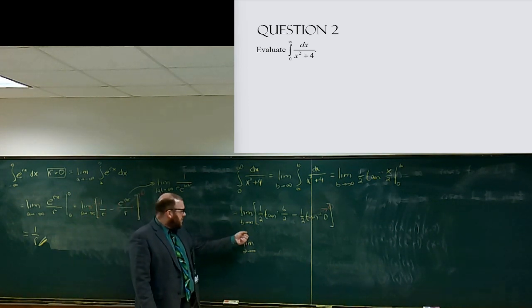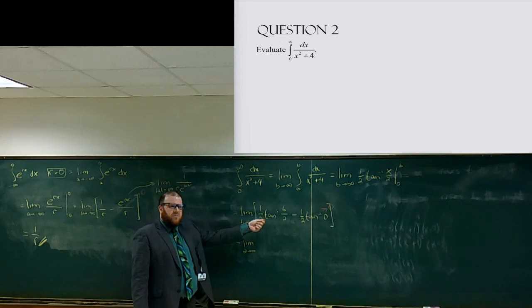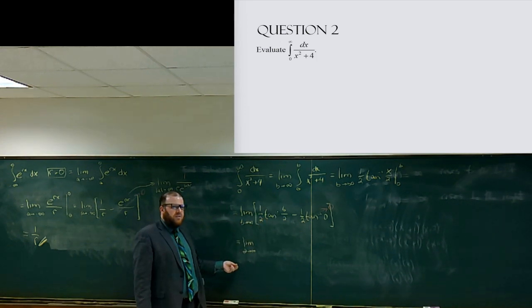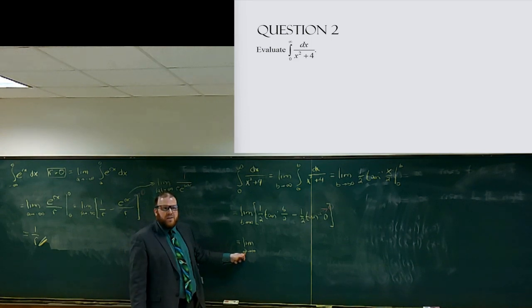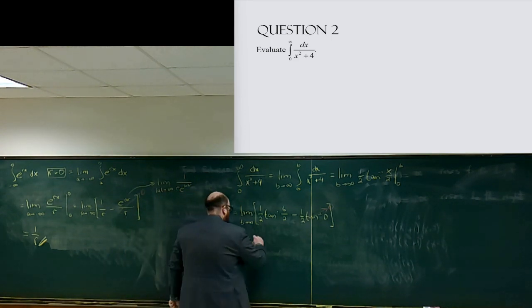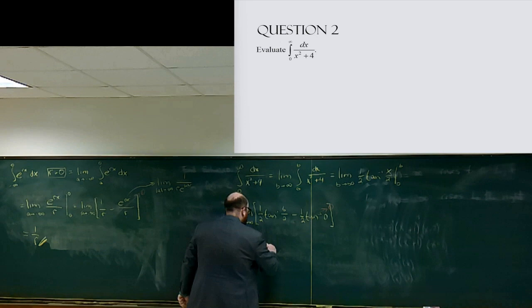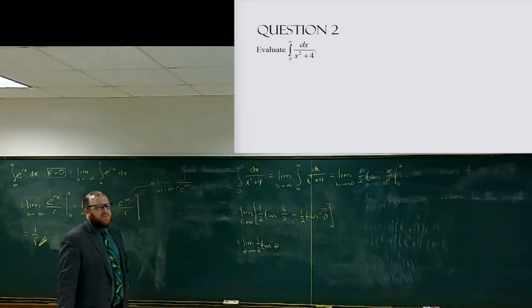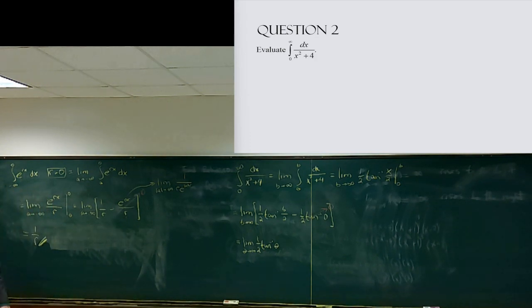Say that b over 2 is now theta. Well, we just said as b approaches infinity, b over 2 also approaches infinity. So theta would approach infinity. So I can write it this way. Again, it's not necessary, it just makes it easier to see.